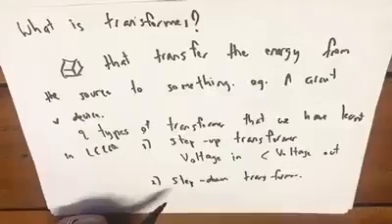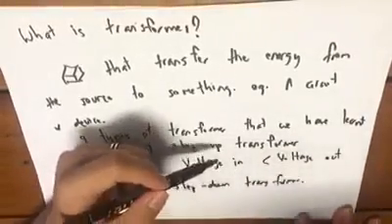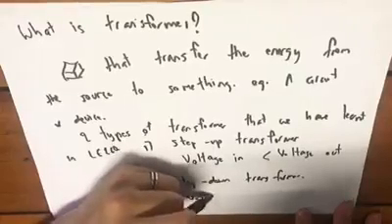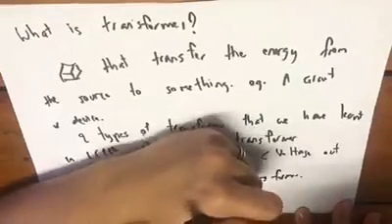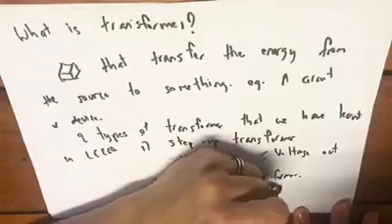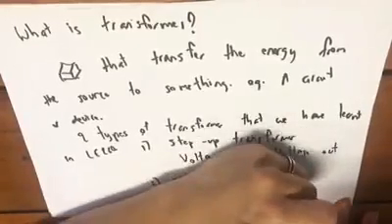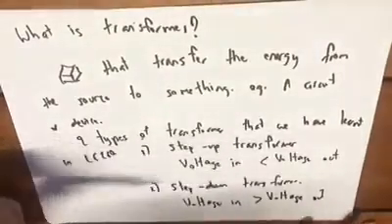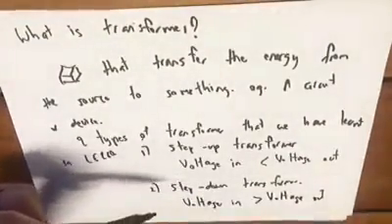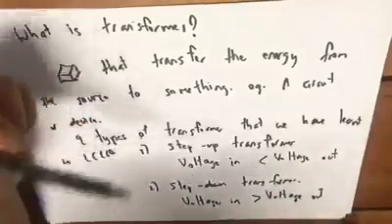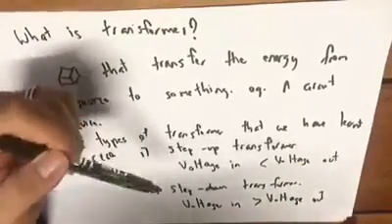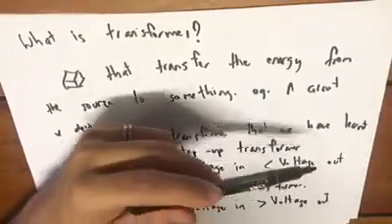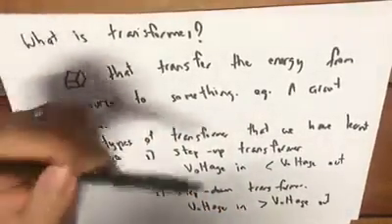And vice versa, a step down transformer will decrease the voltage, so basically the voltage in will be greater than the voltage out. Usually in Thailand, the step down transformer is used to decrease the voltage from the source, which is usually 220, down to around 110.